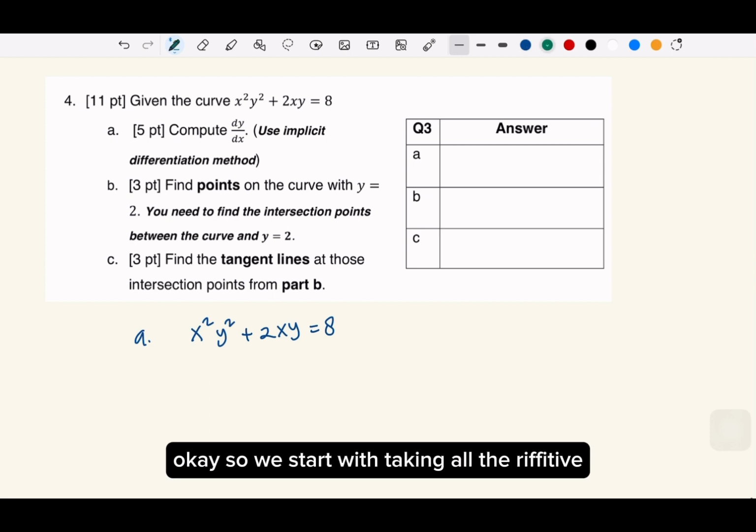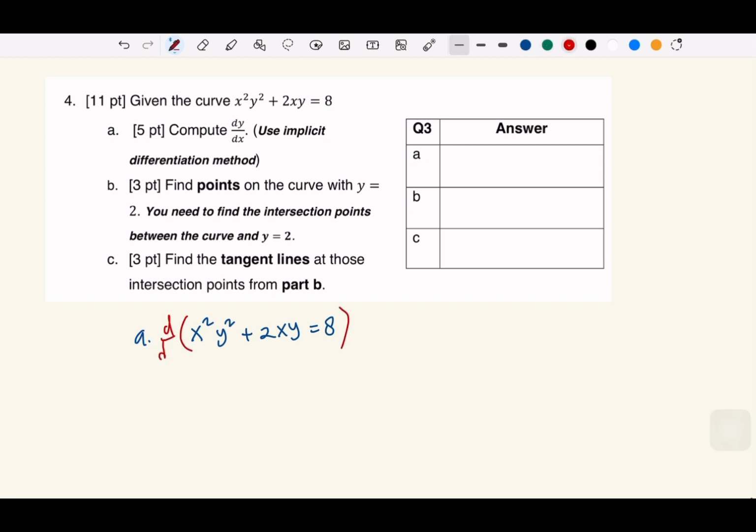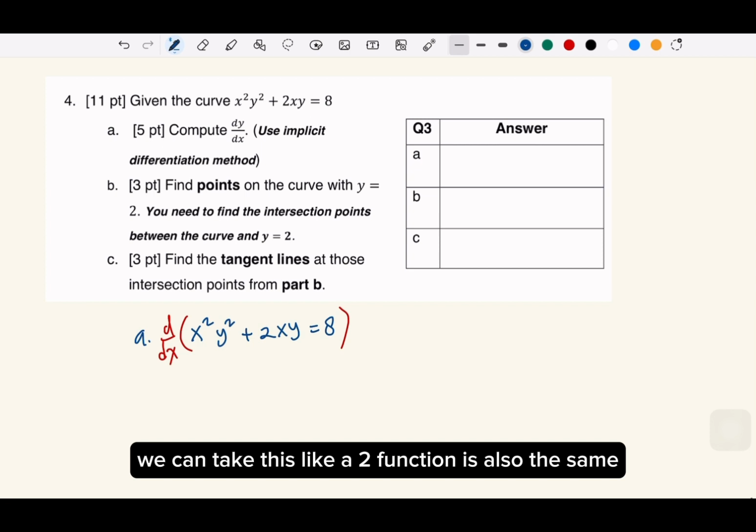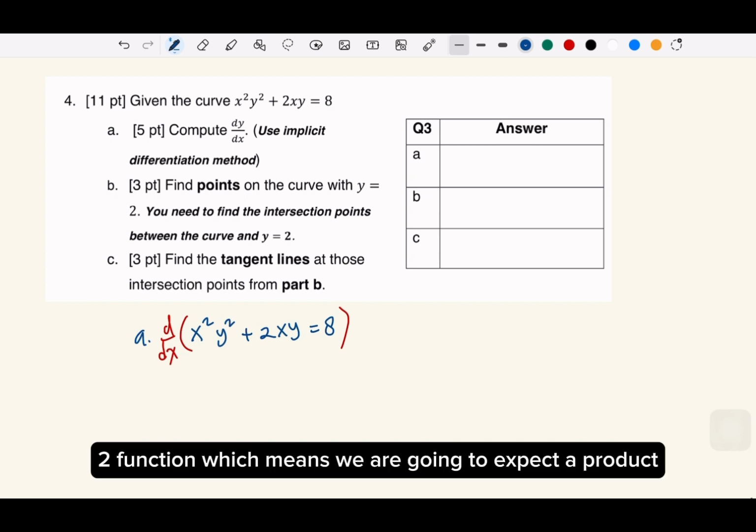Okay, so we start with taking the derivative. Remember this x squared y squared, we can think of it like two functions, which means we are going to expect a product rule.